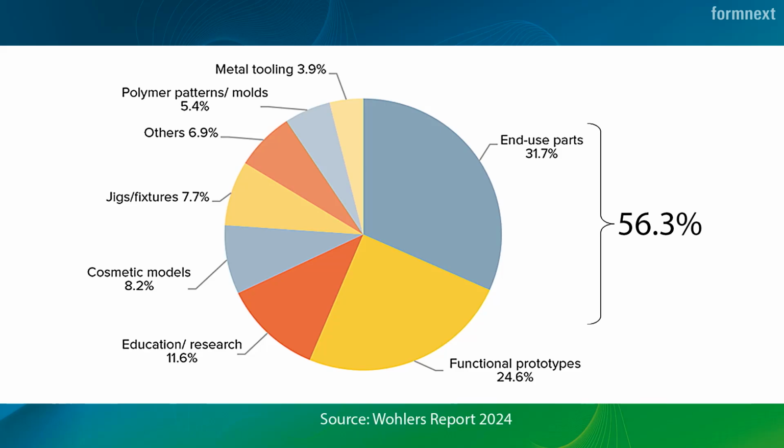It shows that a bit more than half of the AM products are functional prototypes and end-user parts, so 56% on the right-hand side. All the others are educational, cosmetic models, fixtures, polymers, metal tooling parts. Is this for you the picture of a mature AM market from your perspective?